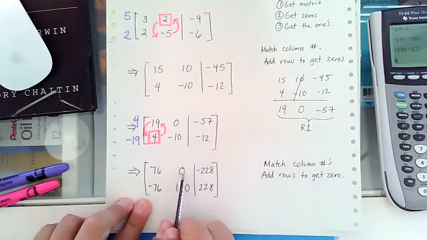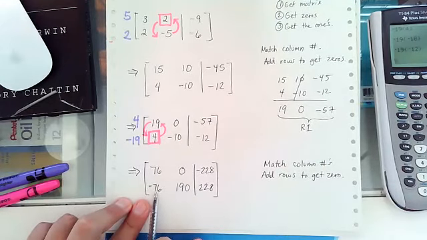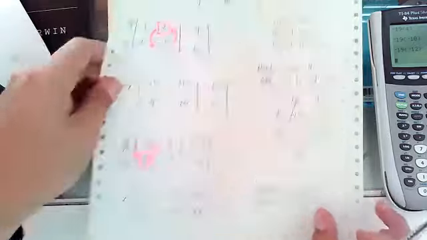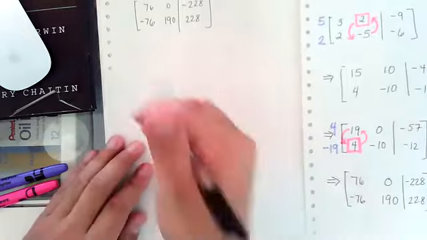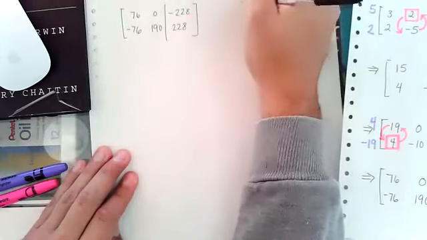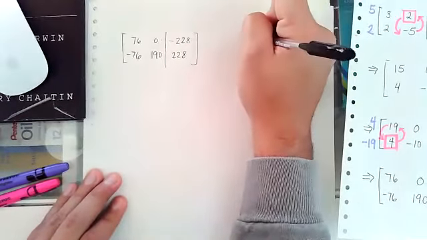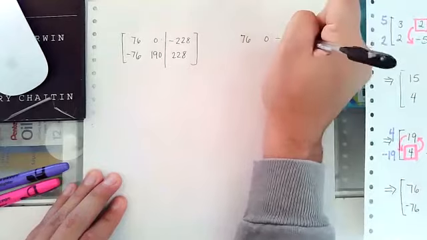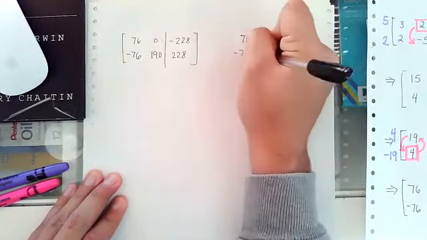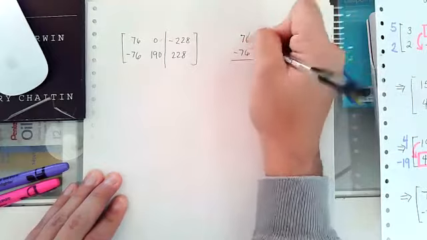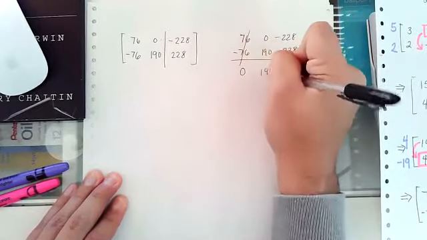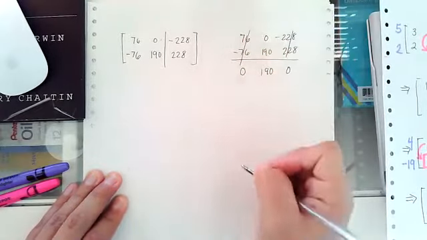Because we have a 0 here already, we want a 0 in this position. Is that where I am? Awesome. So when I add these rows, 76, 0, negative 228, negative 76, 190, positive 228, this goes to 0, this goes to 190, this goes to 0.